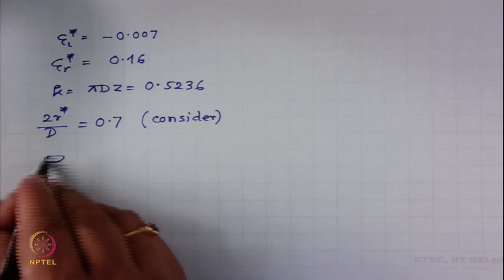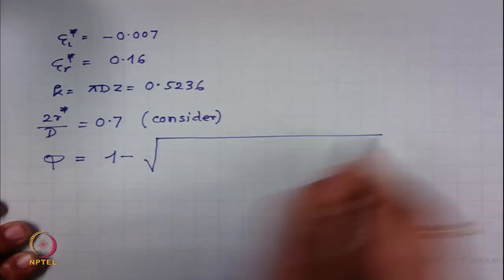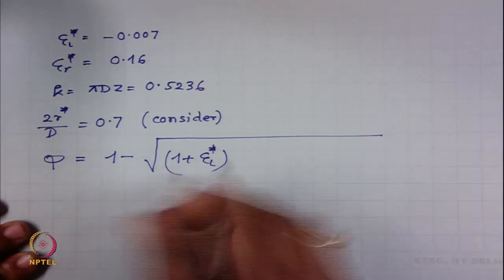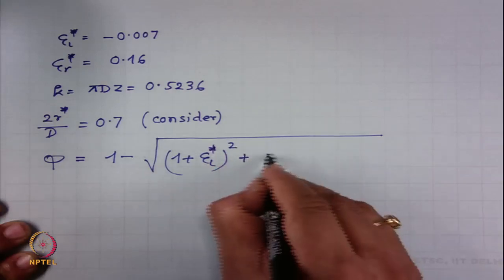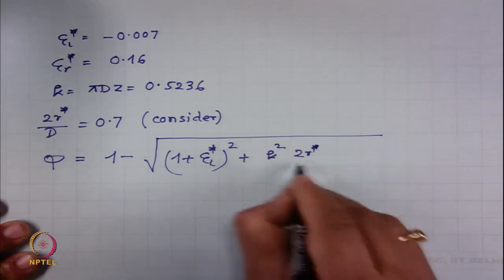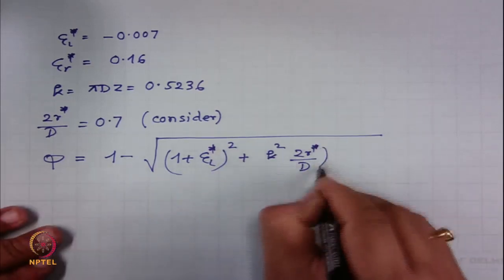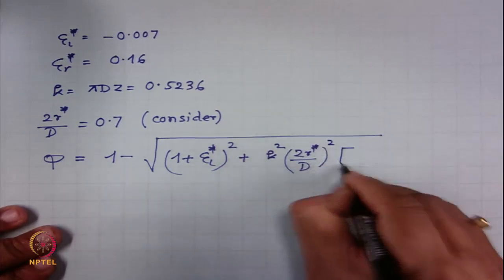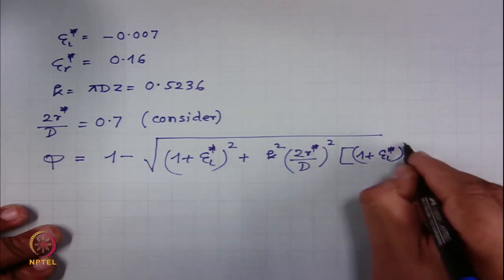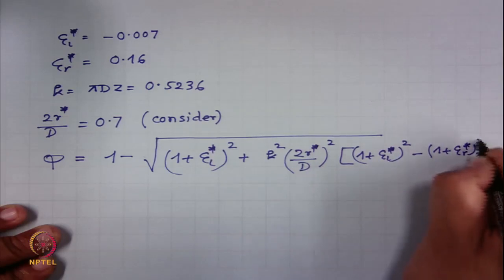Then shrinkage is equal to 1 minus the square root of (1 plus epsilon L star) squared plus kappa square into (2 r star by d) squared into (1 plus epsilon L) squared minus epsilon r square.